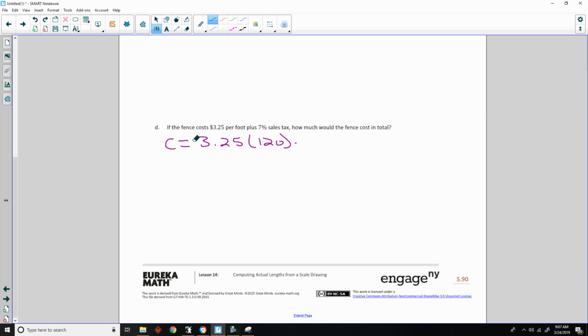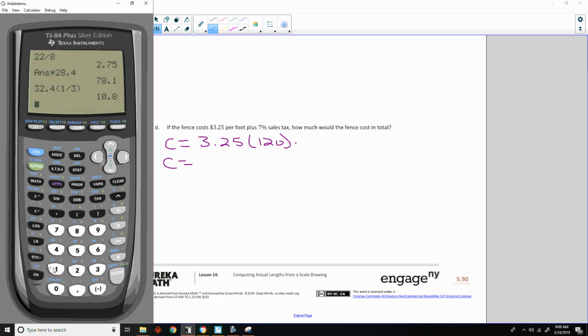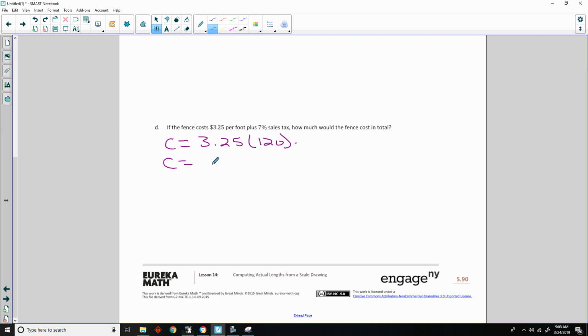So the cost would be 3.25 times 120. $390. And then I have to multiply that by 1.07.